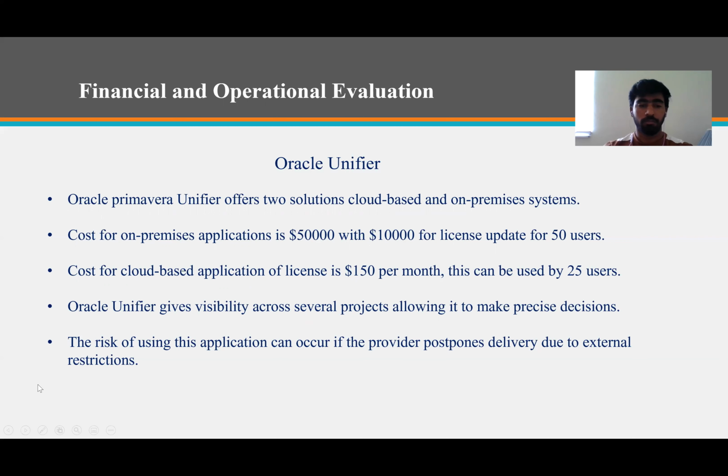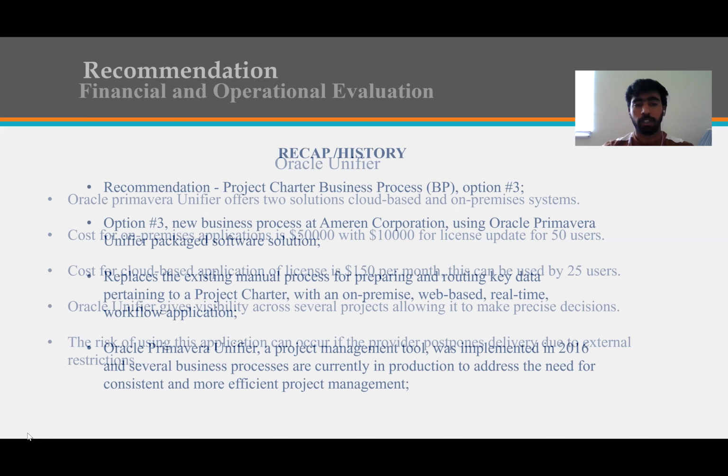The additional benefit for Oracle Unifier is it gives visibility across several projects and allows precise and quick decisions. But the risk of using this application can occur if the provider postpones the delivery due to external problems or restrictions. And I'm passing to Peggy.